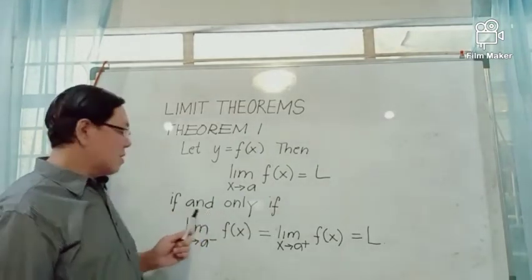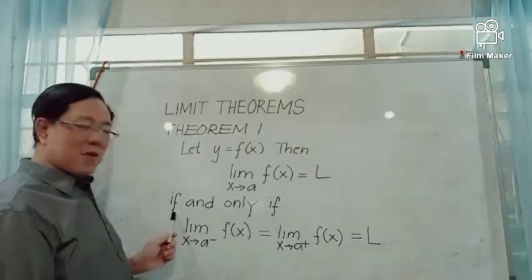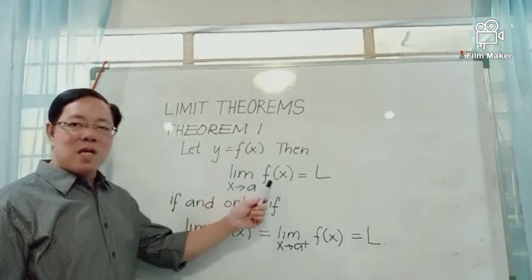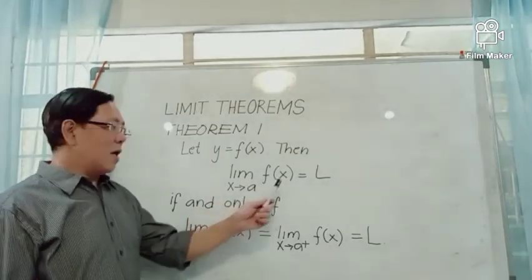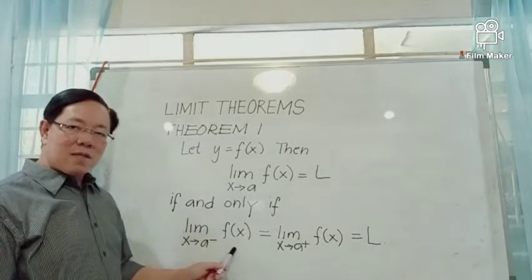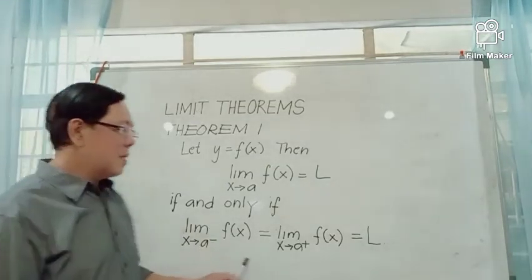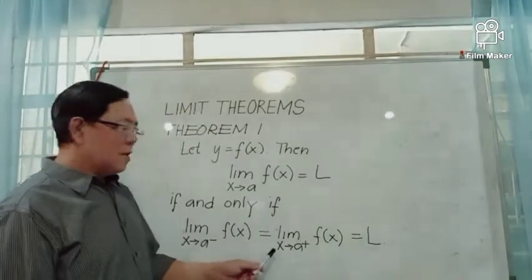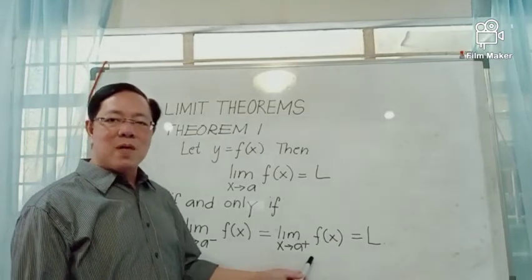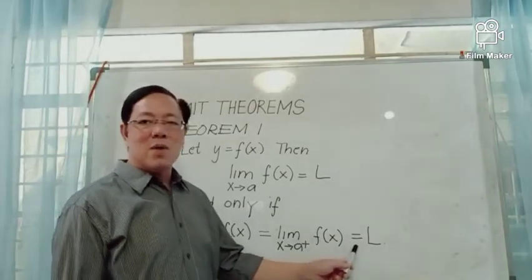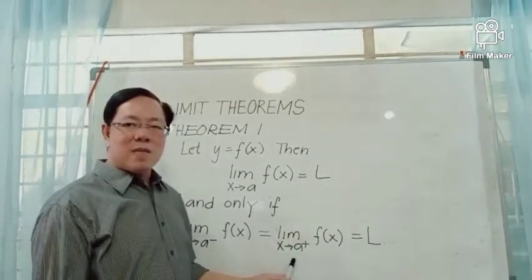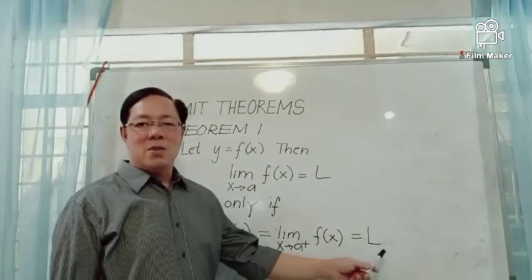The first part of this biconditional statement is that if the limit of the function f of x as x approaches a is equal to L, then the limit of f of x as x approaches a from the left is L. The limit of f of x as x approaches a from the right also exists and it is equal to L. And both the left-hand limit and the right-hand limit of f of x are equal to L.